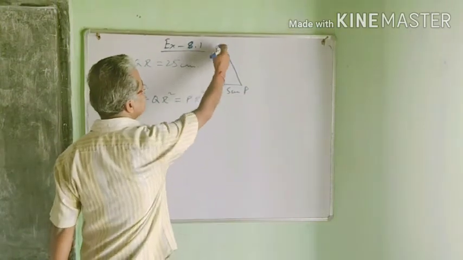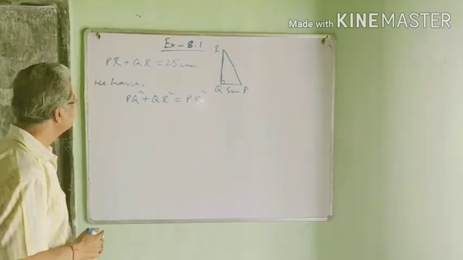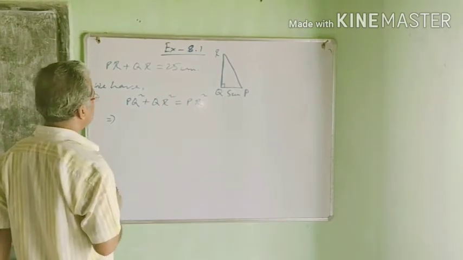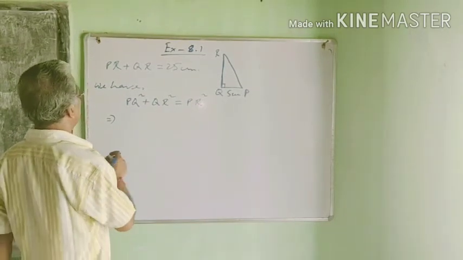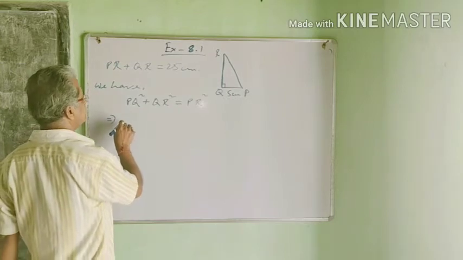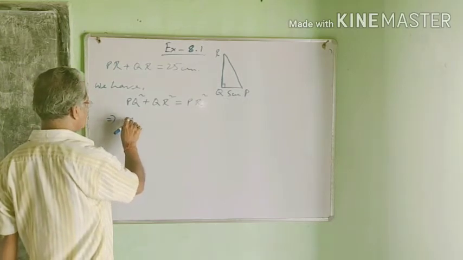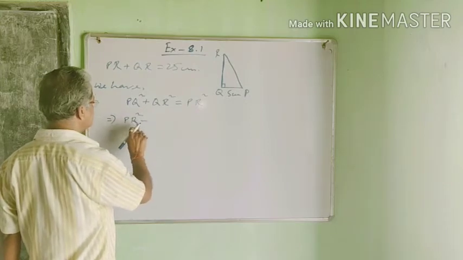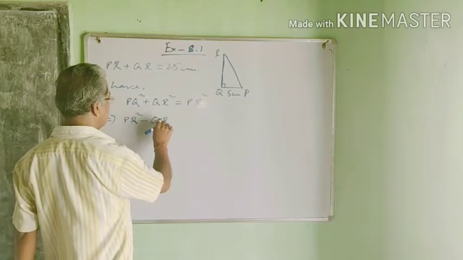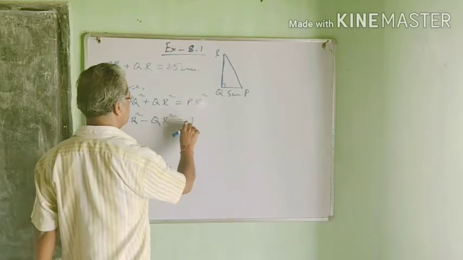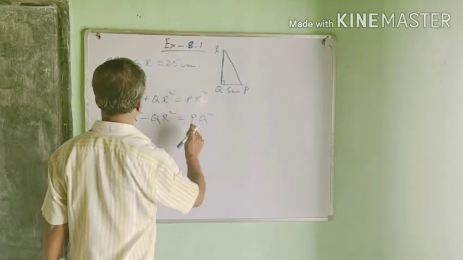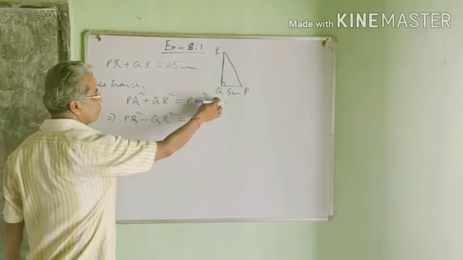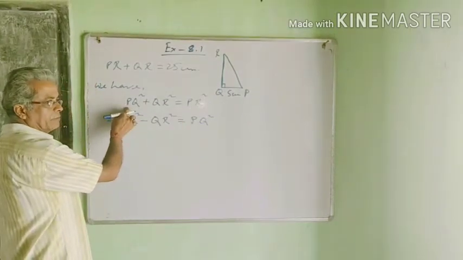Perpendicular square plus base square is equal to hypotenuse square. Implies PR square minus QR square is equal to PQ square.